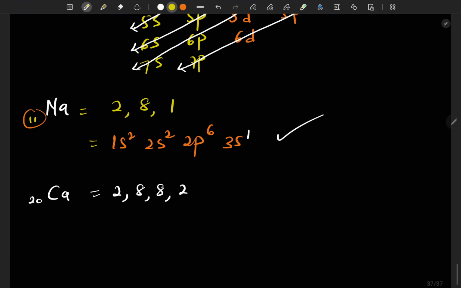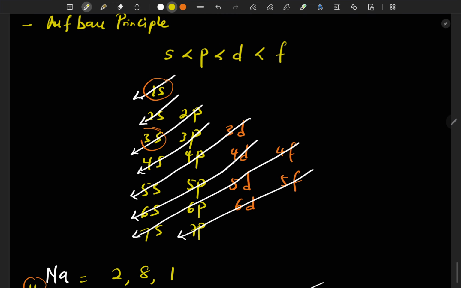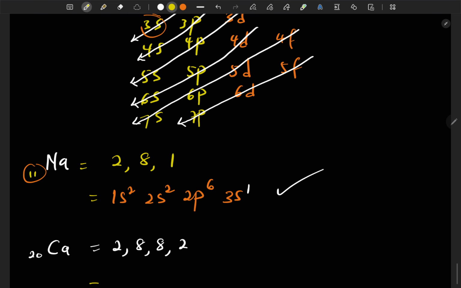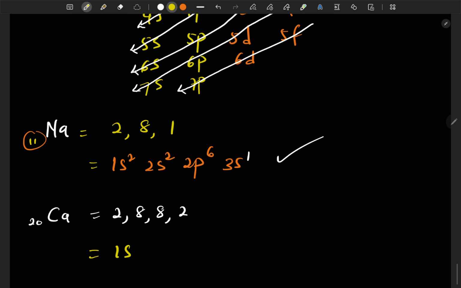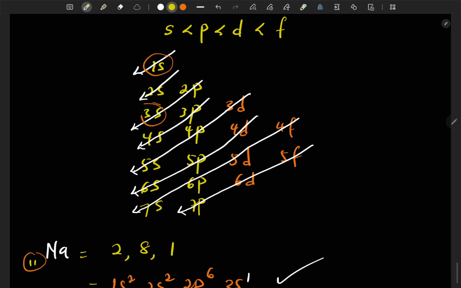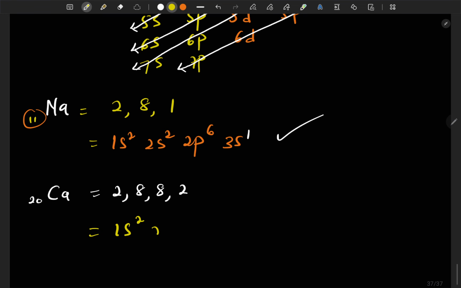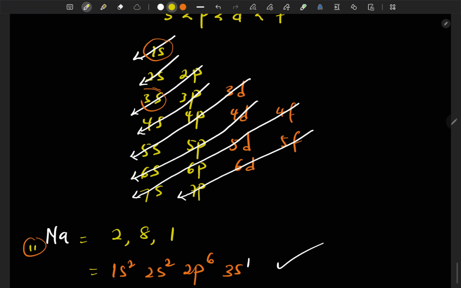Now, how do we write the orbital electronic configuration? We follow the Aufbau principle. What is the first orbital? 1s. How many electrons can go into 1s? 2 electrons maximum. Then the next one is 2s, which is 2s2.